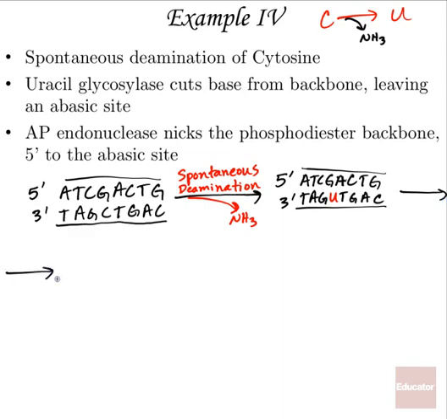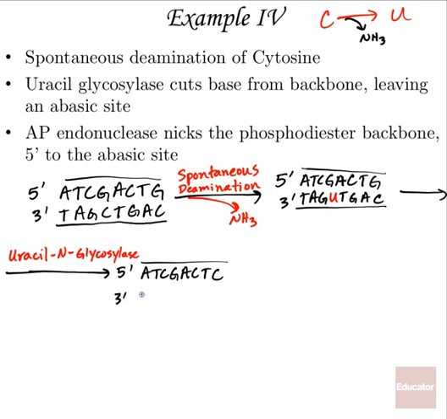So we have A, T, C, G, A, C, T, G and T, A, G, T, G, A, C. Right here, we no longer have the base because it's been removed by uracil glycosylase.